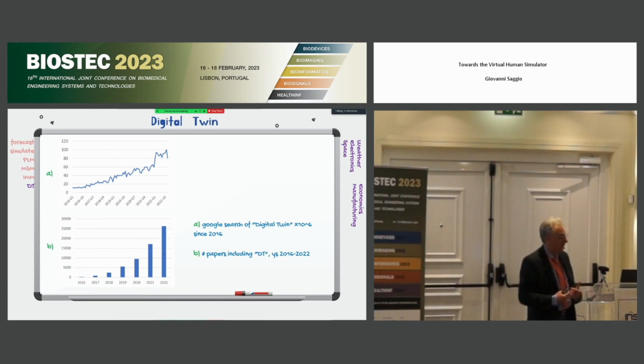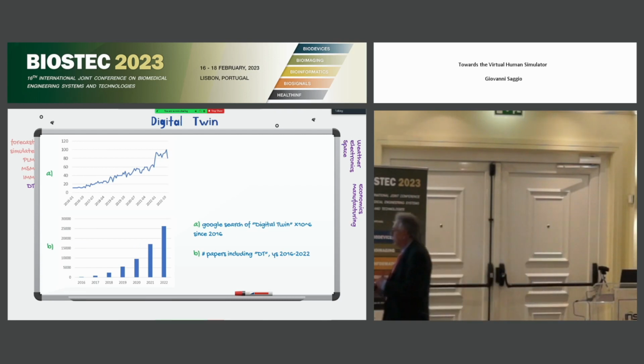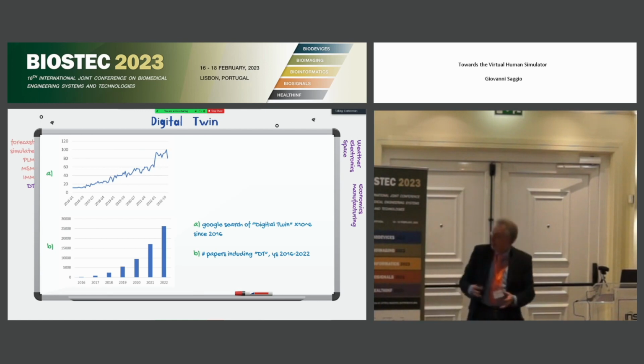I was impressed by how many papers are named digital twin. You see here, in 2022, so last year, we got something like 25,000 papers. I mean, not only conference papers or journal papers, but whatever. But 25,000, it is impressive.